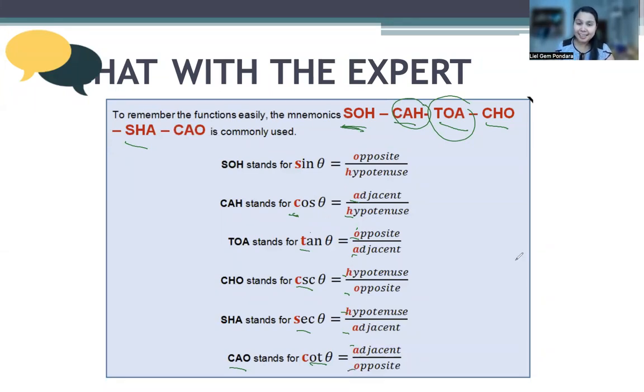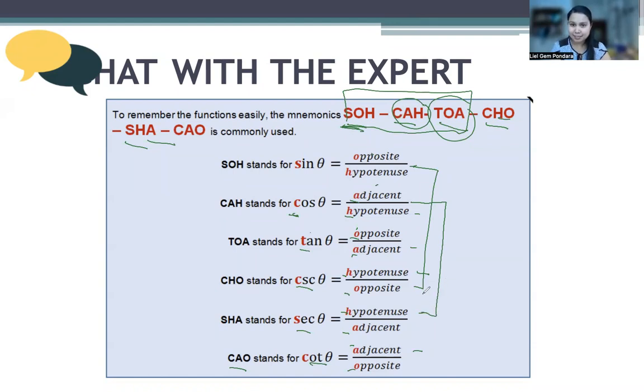So again, that's going to be SOH CAH TOA, CHO SHA CAO. If you notice, sine and cosecant are inverses. It's opposite over hypotenuse, then hypotenuse over opposite. So you just interchange them. For cosine, it's the inverse of secant.